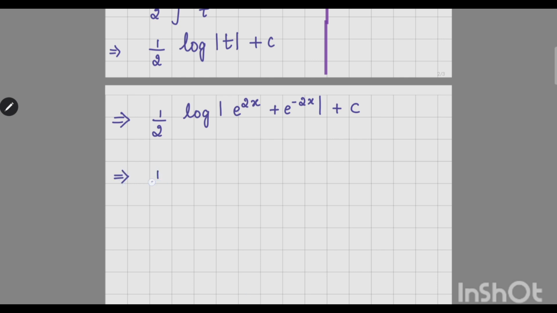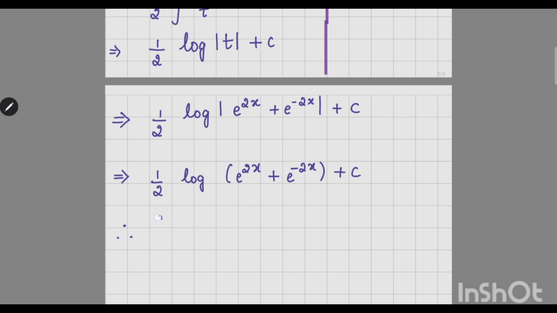Now this implies 1 by 2 log of, so e to the power 2x and e to the power minus 2x both are positive, so we can write it as e to the power 2x plus e to the power minus 2x plus c. So we write this modulus sign to filter out the negative. So if the range of the function here is already positive, we can avoid writing that modulus sign.